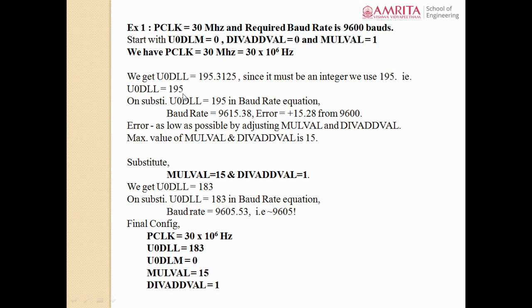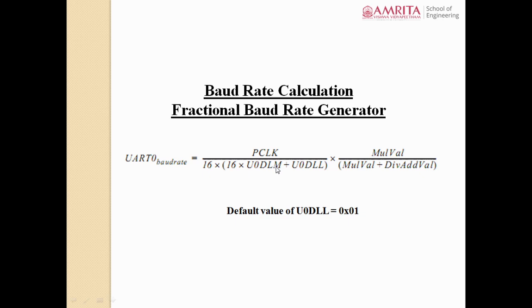So if you want to generate 9600 baud rate, provided PCLK is 30 MHz, your U0 DLL should be 195. Then you are substituting this 195 back to this equation.